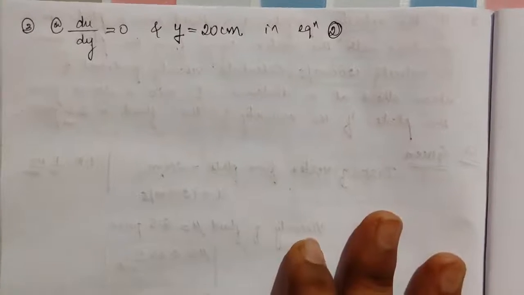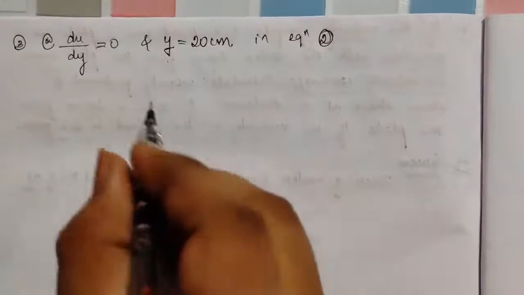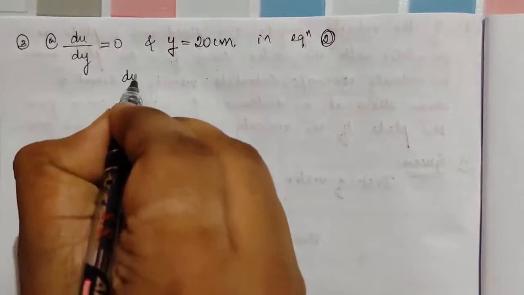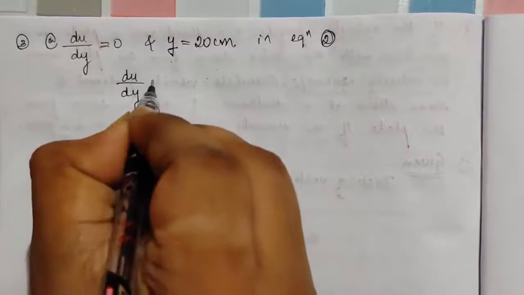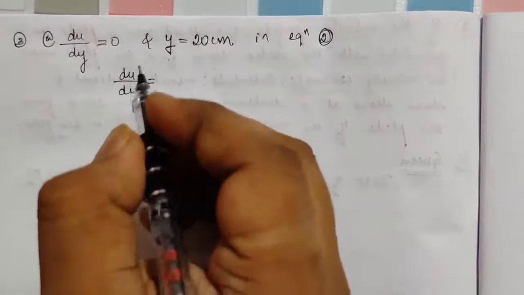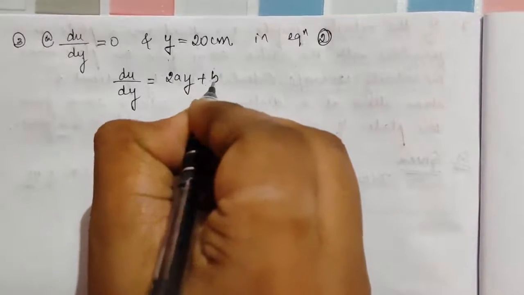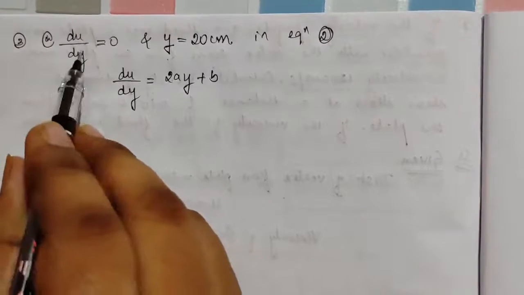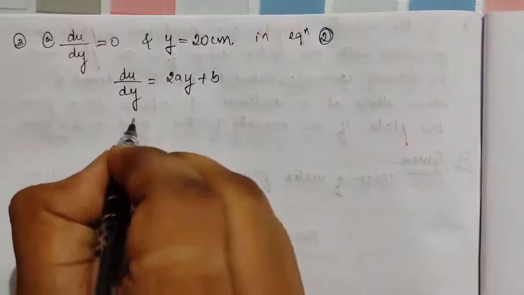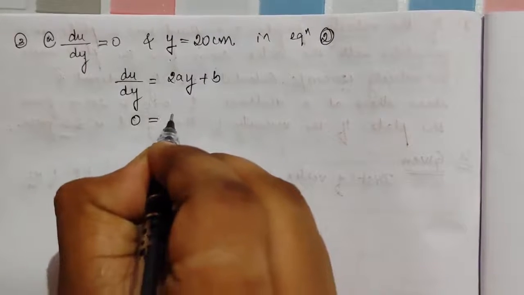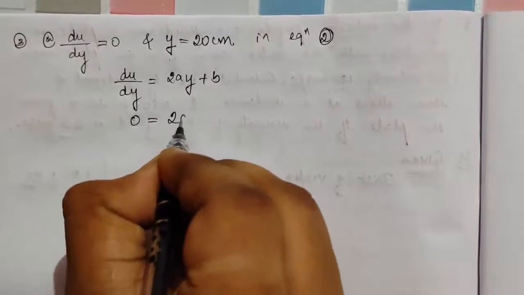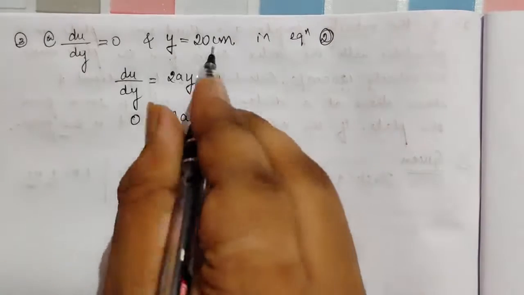Now, at y is equal to 20 cm in equation number 2, I'll write that equation. So du by dy is equal to 2ay plus b. What we have to substitute in the place of du by dy: 0 is equal to 2 into a into, what is the value of y?